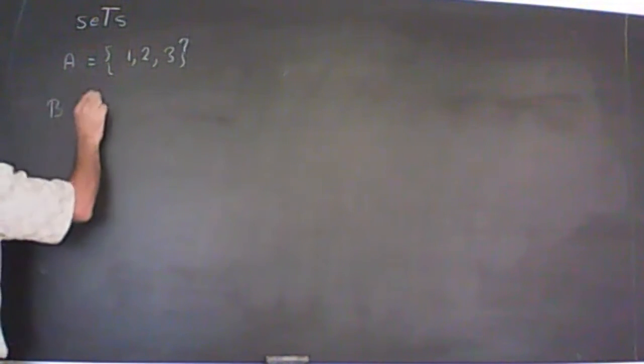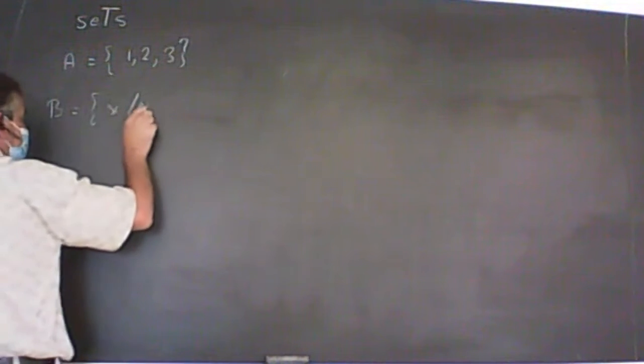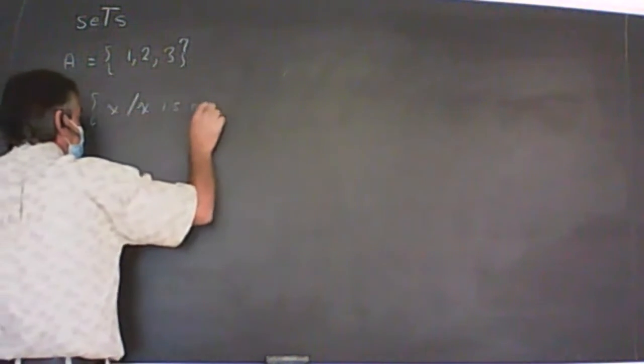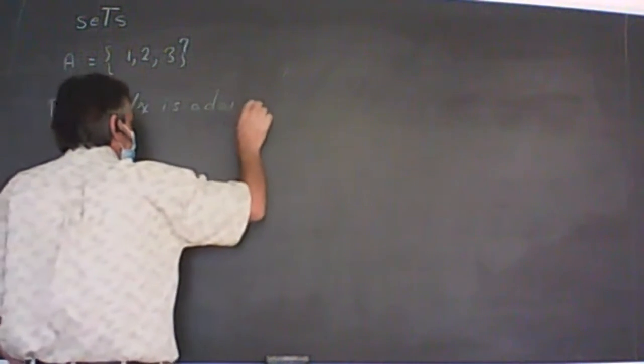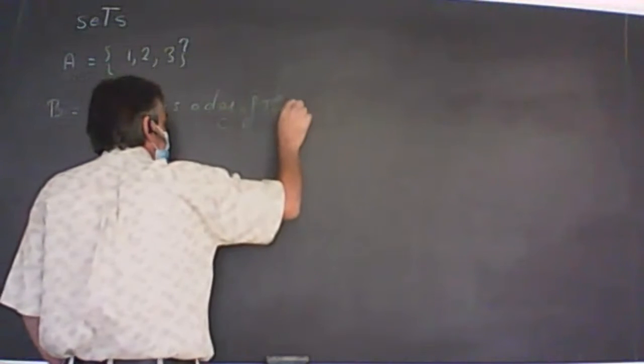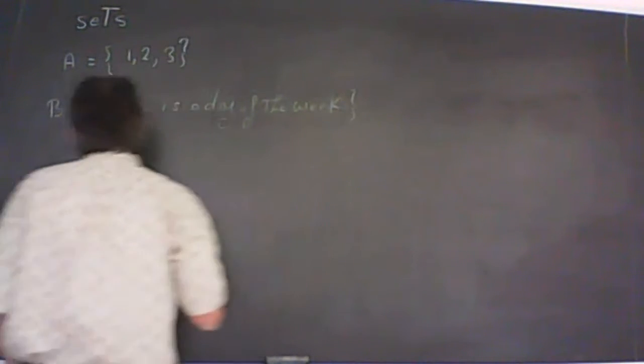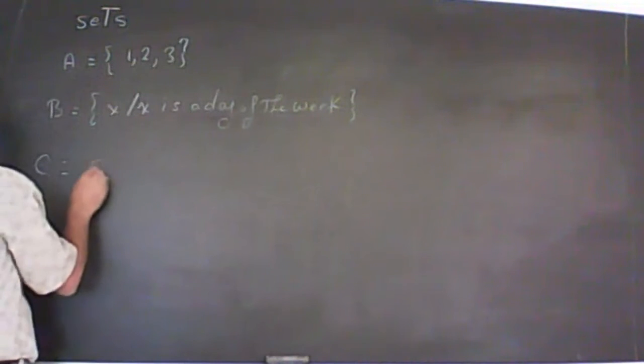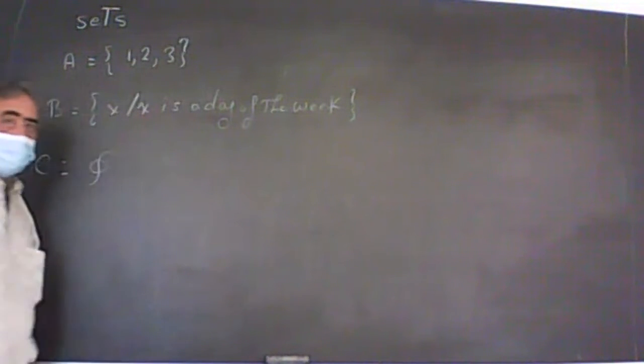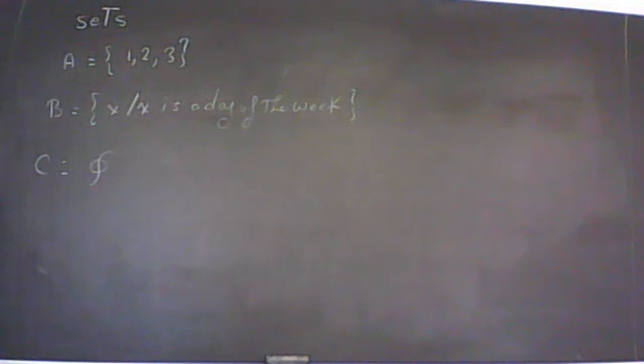B equals {X such that X is a day of the week}. And then C equals the empty set. So how many subsets are there in each of the given sets?